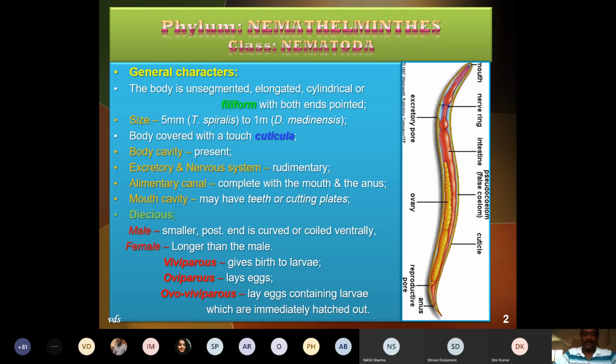Okay, so these are some of the important descriptive points regarding the laying of eggs or larvae by the female parasite. Oviparous, viviparous, and ovoviviparous.